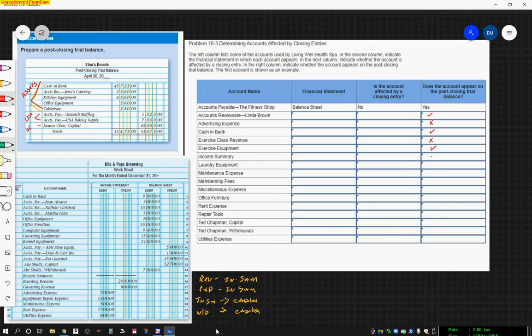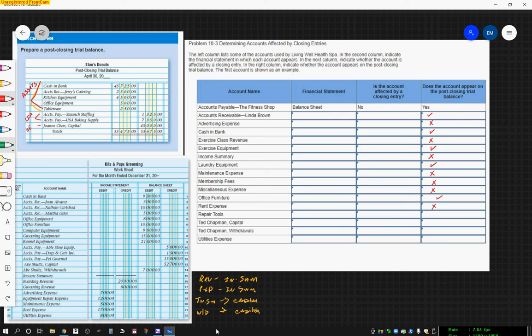Remember, it's a temporary account, but it has very different characteristics than an expense, withdrawals, or revenue. So we're going to say no to that. Equipment, yes, I would say that's on there. Fees? No. Expenses? No. Furniture asset? Yes. Expenses? No.